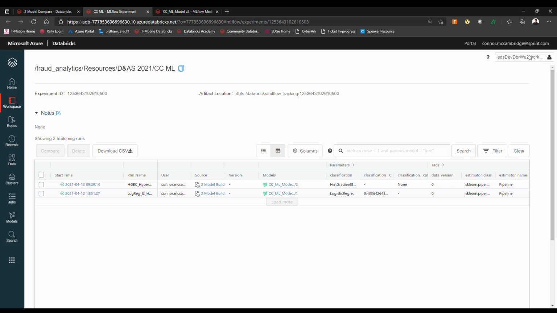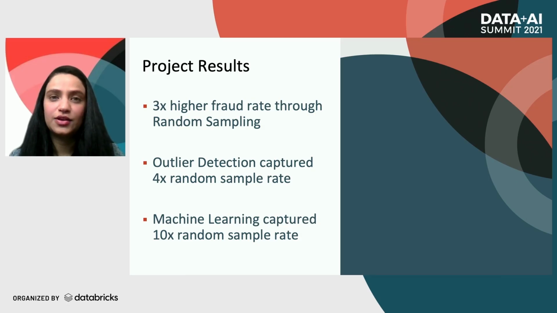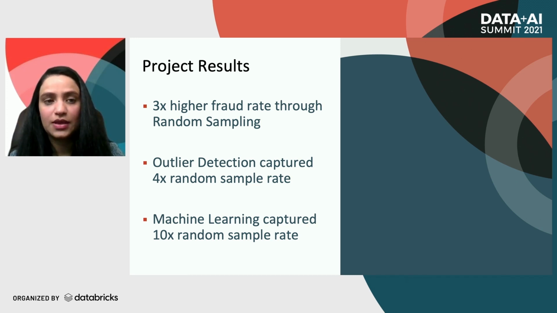Once we were able to complete our final process design utilizing Databricks and Azure Data Factory, we were able to implement all 3 approaches to aid the identification of fraud inside the delinquent new accounts, and were able to achieve both our outlined objectives. By measuring fraud using random sampling, we found a fraud rate 3 times higher than what was reported by previous processes.